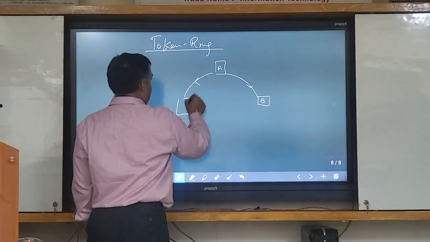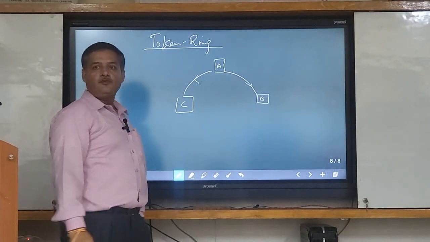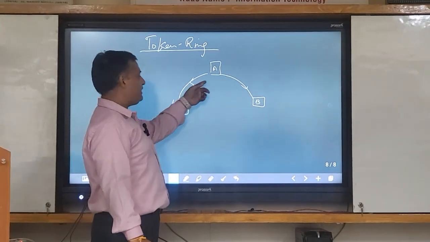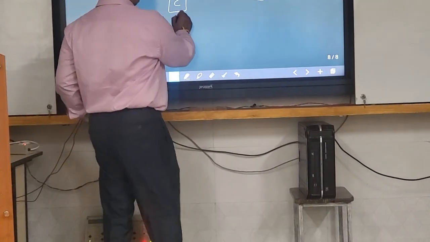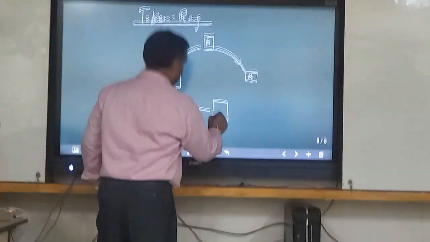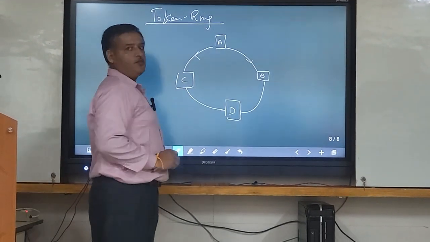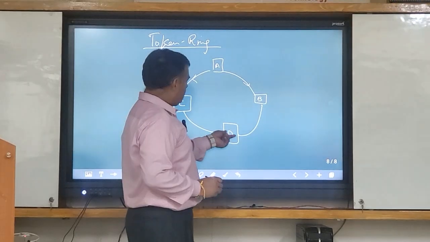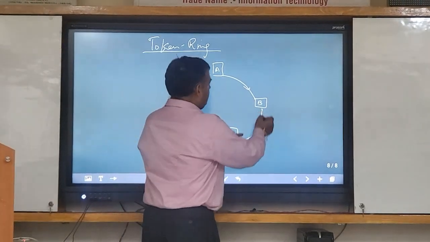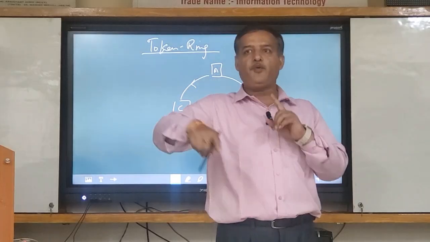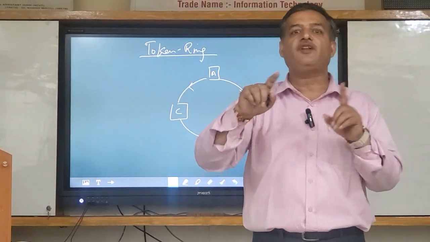Then this computer is also connected to a computer in the opposite direction, and this one is again connected onward. Now I am including just four computers. The fourth computer is connected again to the first computer. That means all the computers are arranged in the shape of a ring.